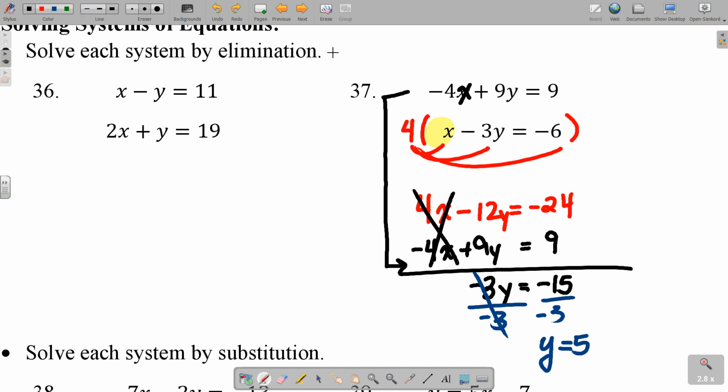So when you solve a system of equations, it's an ordered pair that you're going to get. So your y is now 5. I'm going to take that value of 5 and plug it in right there to solve. So I'm going to have x, and go to the original, -3 times 5 equals -6.